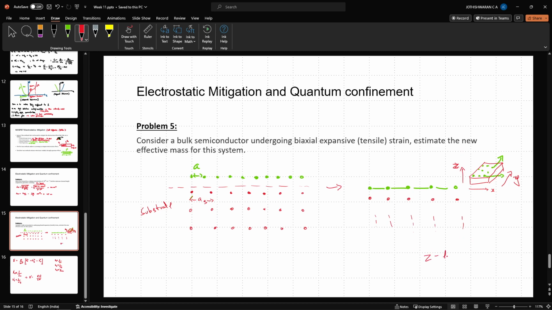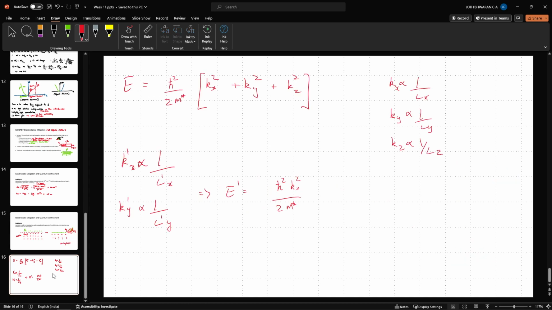So z is longitudinal. And let me assume, for the sake of simplicity, that initially Lx equals Ly equals Lz, and therefore L dash x is equal to L dash y.